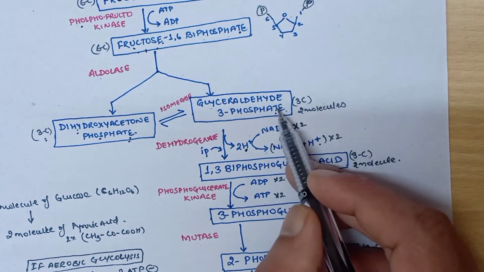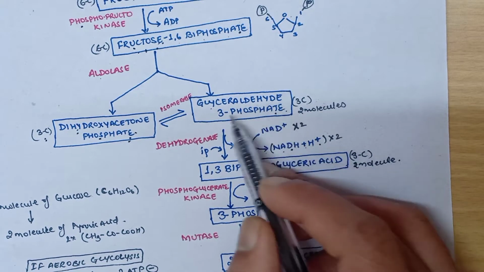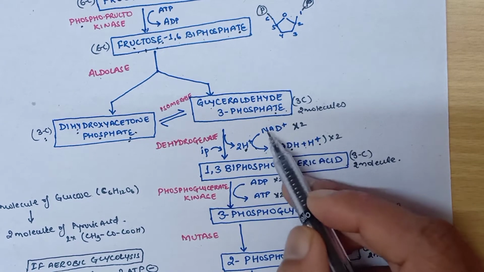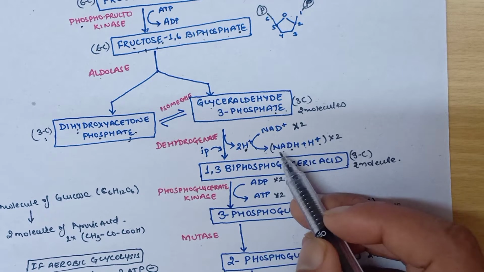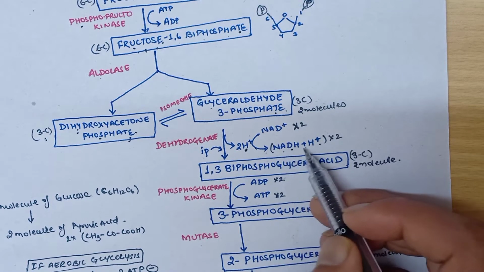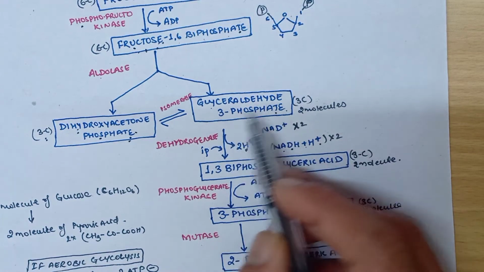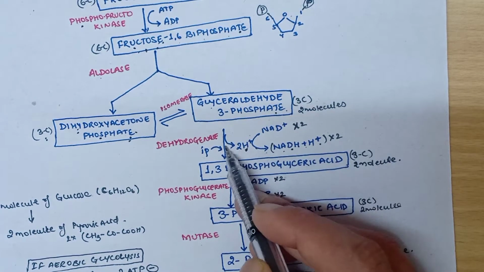Since there are 2 molecules of glyceraldehyde 3-phosphate, 2 molecules of NAD plus will give 2 molecules of NADH plus H plus ions.